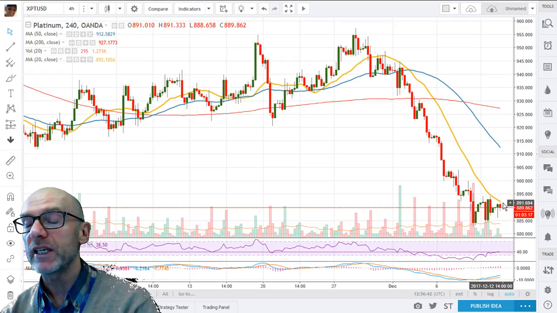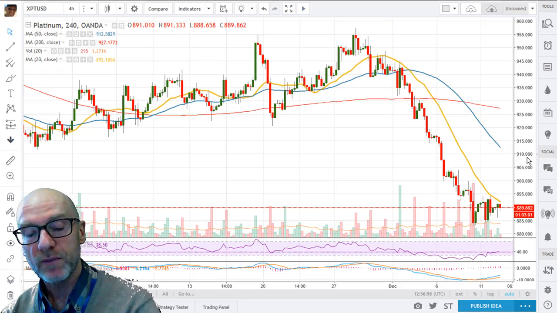We're up against the downtrend in the 20 average at 892.18. That's the first resistance that needs to be overcome. Above there's resistance at about 903, and then we've got the 50 from the 4-hour coming in at 912.6.